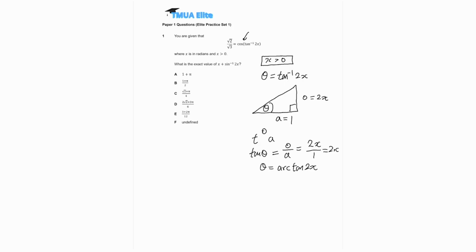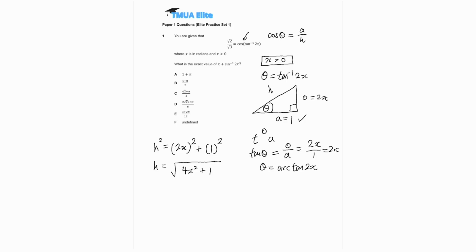And we know cos of that angle, cos theta, is equal to adjacent over hypotenuse. We already have adjacent, but we need hypotenuse. So that's why working out the hypotenuse will be useful here. So this is h, and we know by Pythagoras, h squared would be 2x squared plus 1 squared. h is equal to the square root of that. 2x squared will give you 4x squared, and 1 squared just gives you 1.